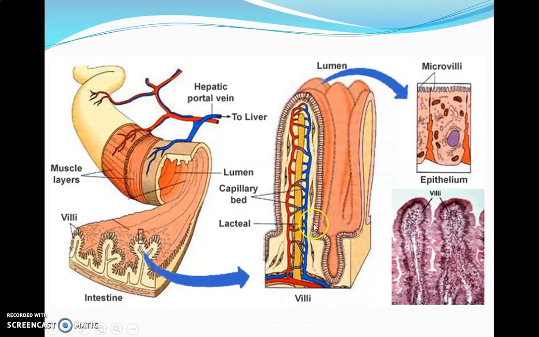A number of villi will be present, and on each villus we can see it enlarged to this one. These are the microvilli. So on the lumen there will be a number of villi, and on the villi there will be a number of microvilli, thereby increasing the surface area.